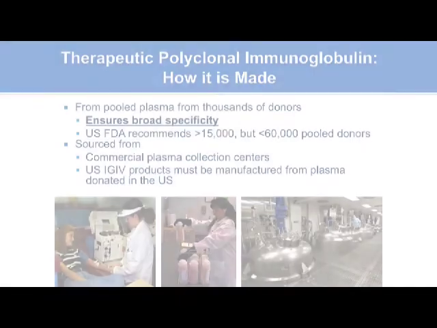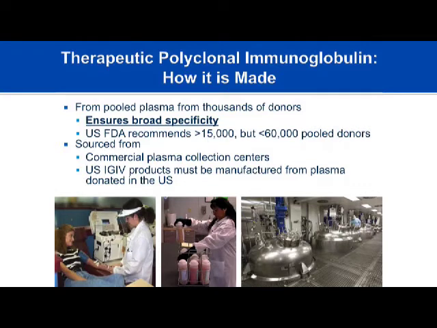So let's now talk more about the therapeutic immunoglobulin preparations themselves. Let's talk about how they're made. These therapeutic immunoglobulin preparations need to come originally from people. As I mentioned earlier, we make billions and billions of different antibody specificities.